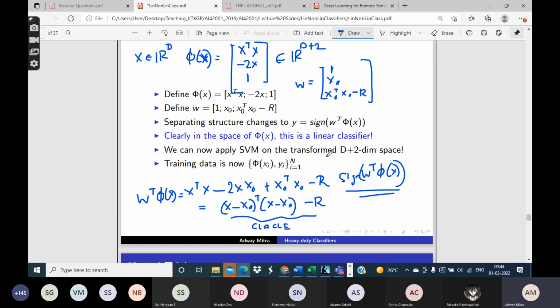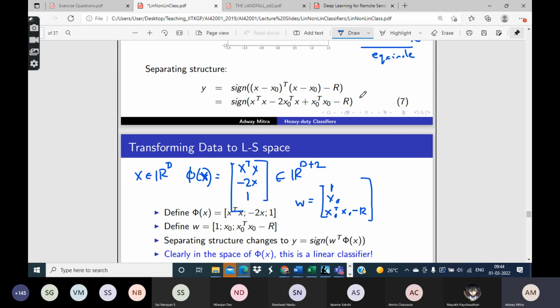So now, as you can see, this is actually a linear classifier with respect to phi x. But phi itself is a nonlinear transformation on x. Nonlinear because it involves this quadratic term x transpose x. So in terms of x, this circle which we considered is definitely a nonlinear classifier on x.